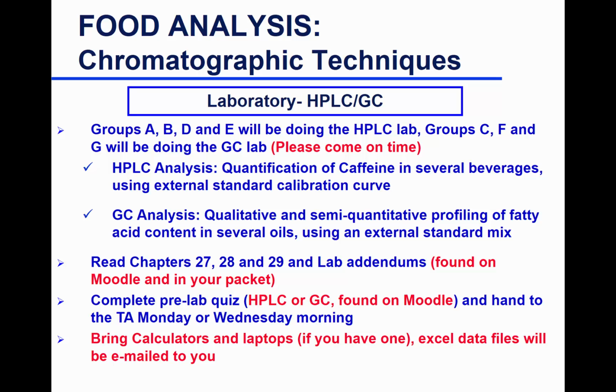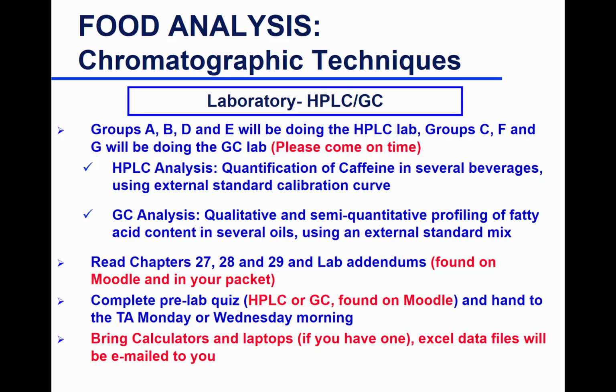At the HPLC lab, we're going to use a reverse phase chromatography lab, where we use a nonpolar stationary column and a mobile phase that starts as polar, to separate and quantitate caffeine in different beverages. You're going to have 5 different beverages that vary in caffeine level.